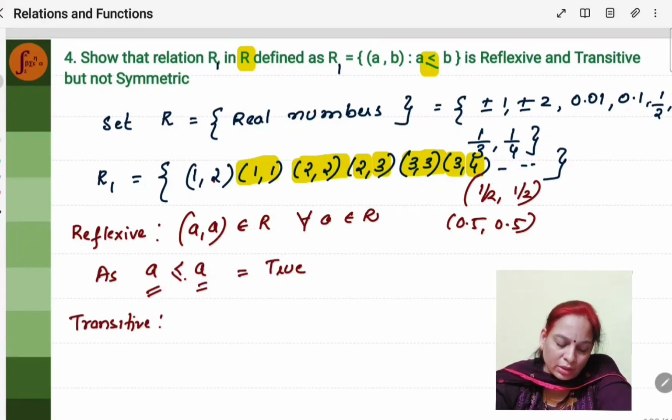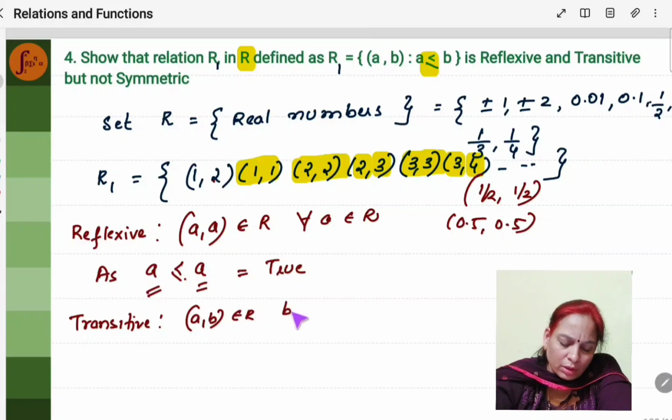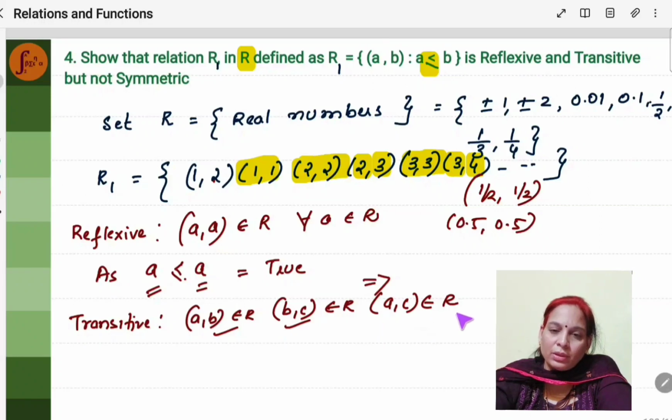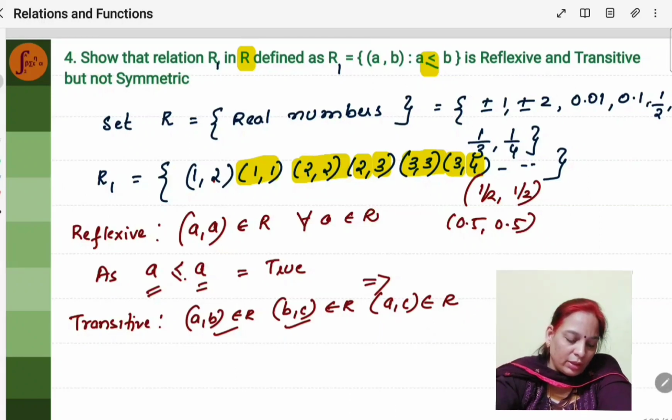Now, for transitive, if A comma B belongs to R and B comma C belongs to R, then A comma C should belong to R. If these two are true, then it should imply that A comma C belongs to R. Let's take this example itself.